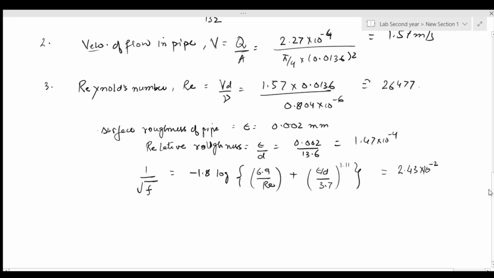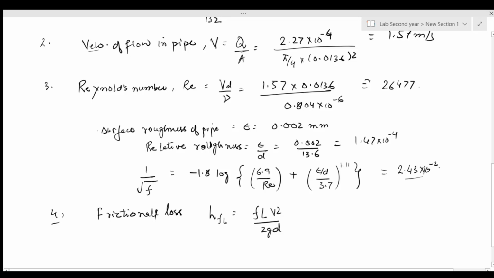Now, if that's the case, then I can find my frictional loss, which is also the major loss, due to length L, and that would be f L V squared by 2 g D. Small f's value is provided here, 2.14 into 10 to the power minus 2.